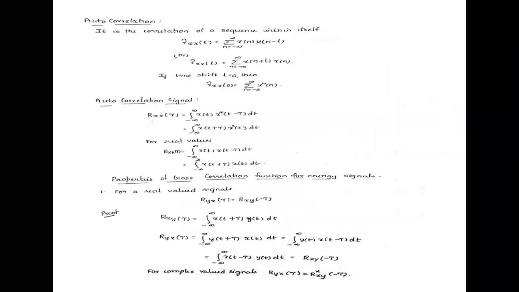Then autocorrelation. Autocorrelation is the correlation of the sequence with itself only. Rxx of L is equal to the sum over n from minus infinity to infinity of x of n x of n minus L. Positive values are towards the direction of positive, and negative values are towards the direction of negative.